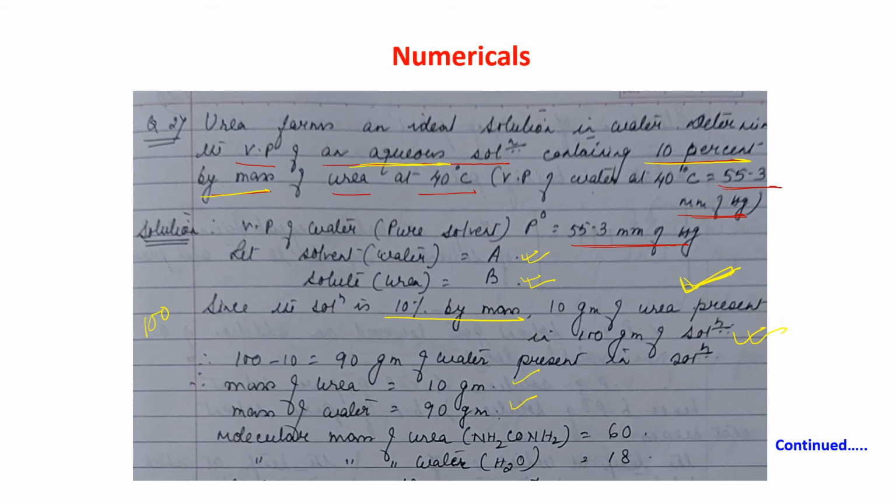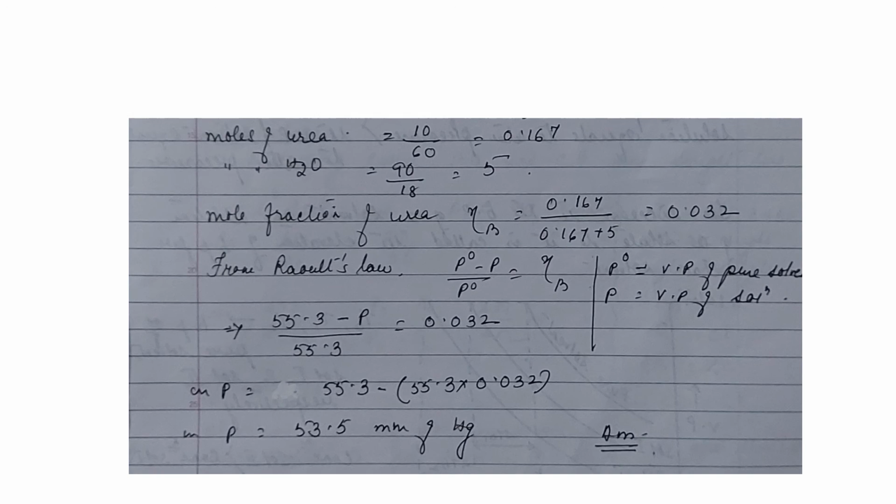Now molecular mass of urea, the formula of urea is NH2CONH2, it is coming 60, and molecular mass of water is coming 18. You need all these for doing the calculation. So moles of urea is equal to 10 by 60, because we have taken 10 gram urea.